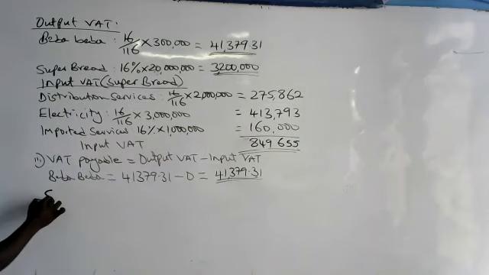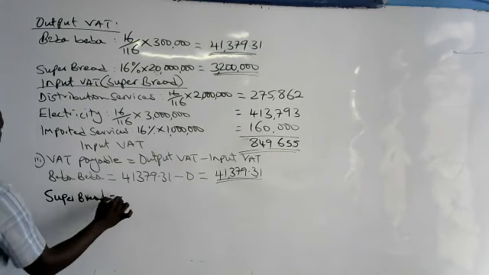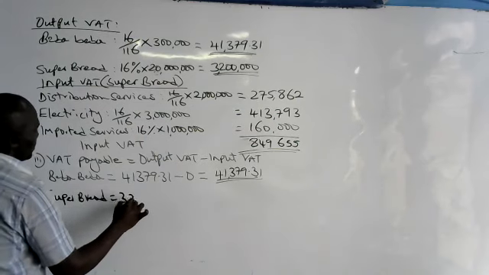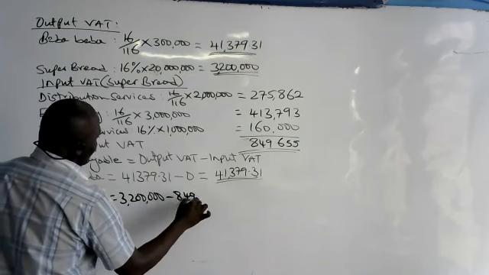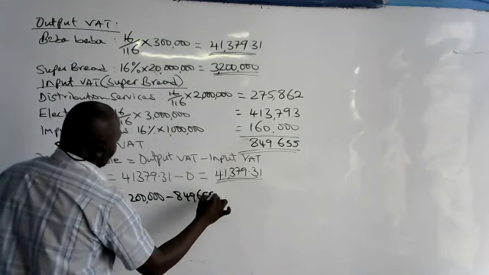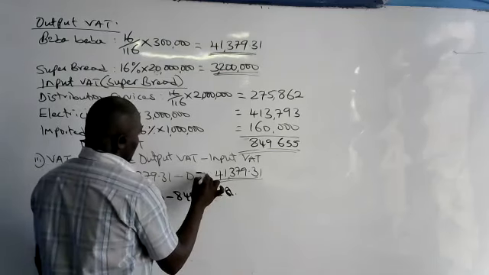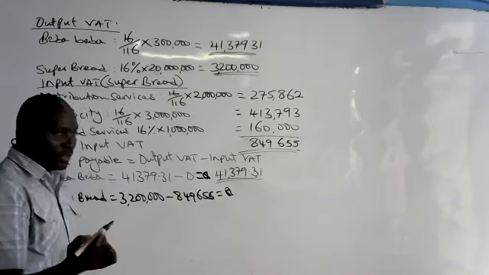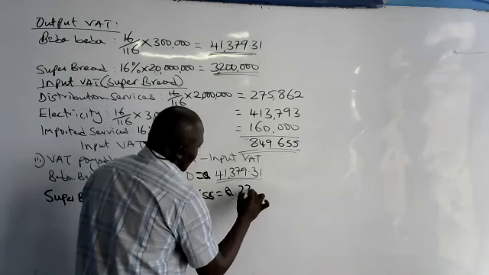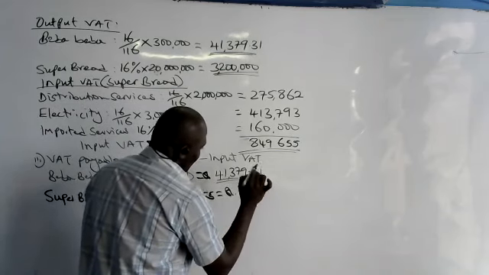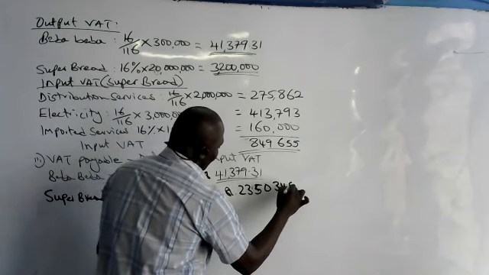Then Super Bread: output is 3.2 million, input is 849,655.